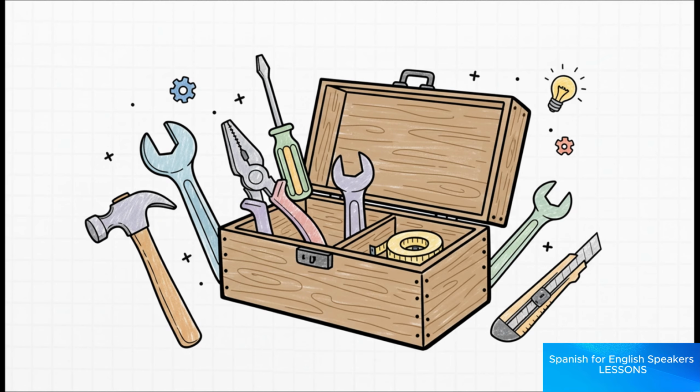You've got the presente for right now, the 2 big past tenses, the pretérito for things that are done and over with, and the imperfecto for things that were ongoing in the past. Then you've got the futuro for what will happen, and the condicional for what would happen. Then you just add in the presente de subjuntivo for all your wishes and wants, and finally the imperativo for commands. That's it. 7 tenses, and they will open up the entire language for you.